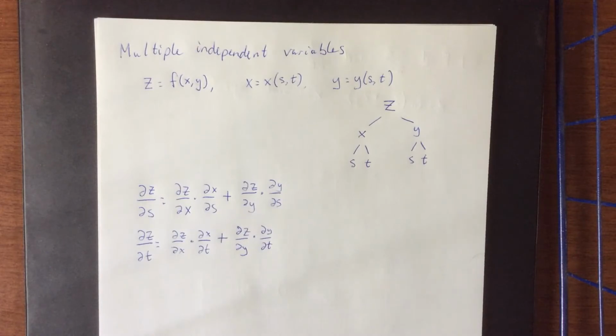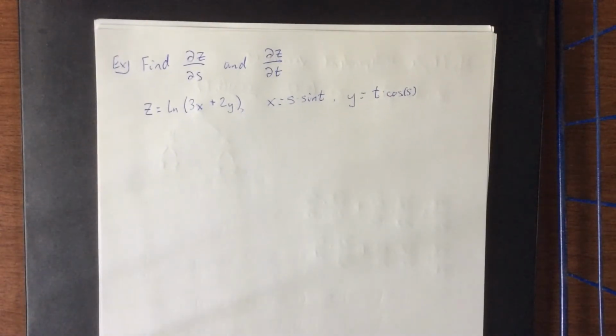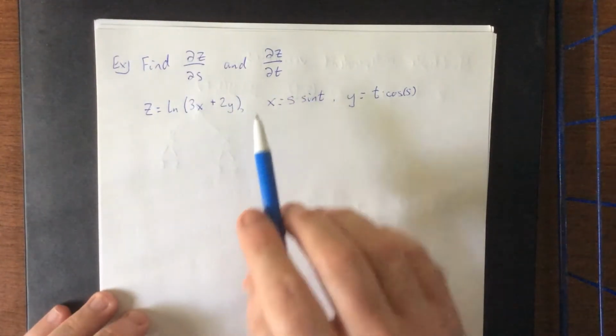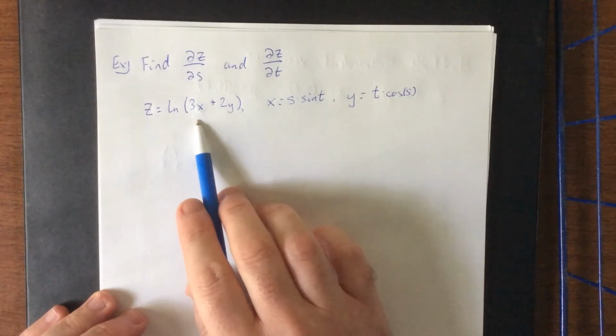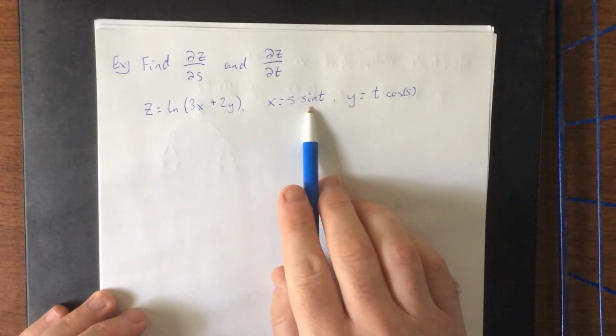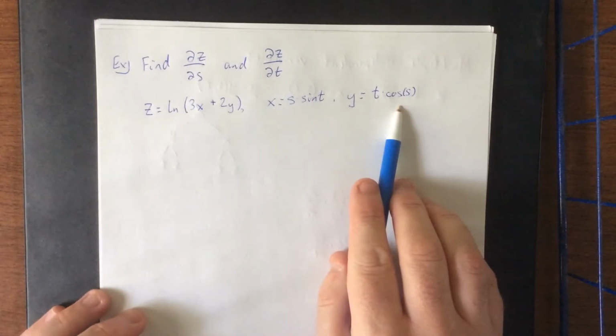So as an example for this process, I'd like to find the partial derivative of z with respect to s and the partial derivative of z with respect to t for z equals the natural log of 3x plus 2y, where x is parameterized as s times the sine of t, and y is parameterized as t times the cosine of s.